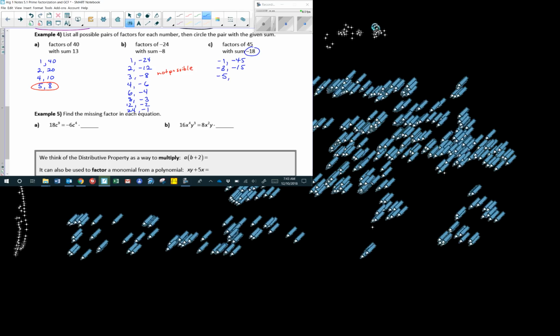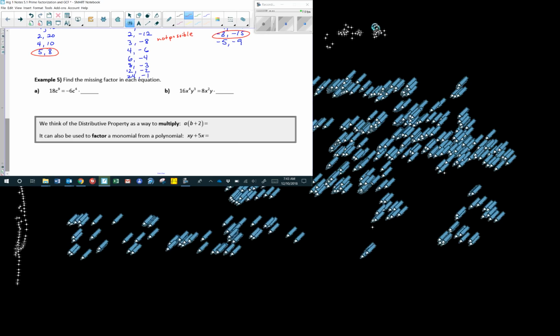Negative 5 and negative 9. 6 doesn't divide evenly. 7 doesn't divide evenly. 8 doesn't divide evenly. And now we're back to 9. So that looks like our complete factored list. And negative 3 and negative 15 are the pair that add up to negative 18.